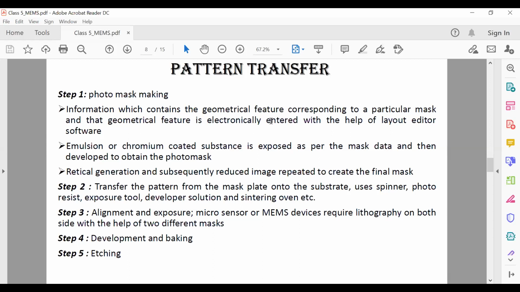There are various kinds of layout editor software available in the market. One such name is LASI layout editor. You can design your pattern and electronically transfer it onto a mask making machine using that editor software.